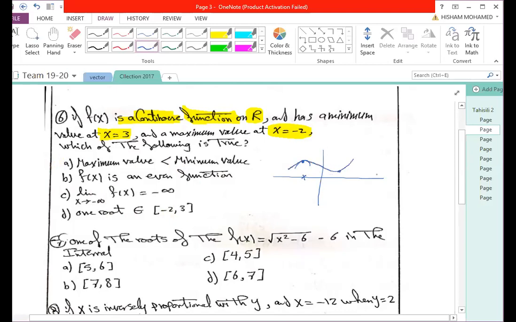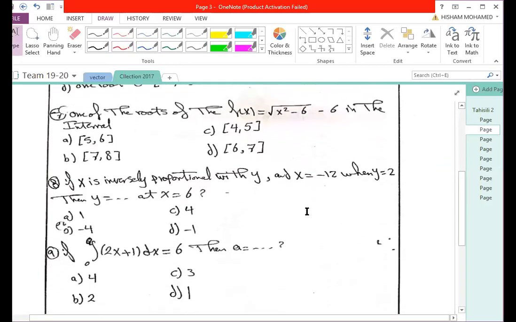So it's not necessary to intersect the x-axis, but it's necessary to know that the limit as x tends to -infinity will give me -infinity. Why? Because it's clear that the function is moving to -infinity when x tends to -infinity.